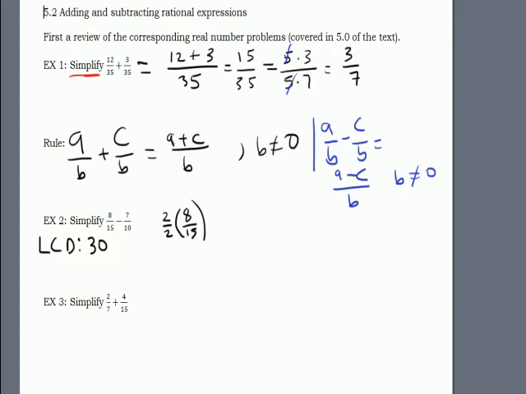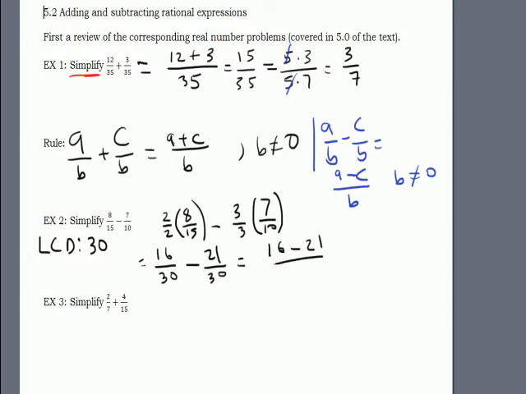Going from 10 to 30, I would have to multiply 10 by 3, so I want to multiply that second expression by 3/3, which again is equivalent to 1, but will get me to what I want to have here. So the original problem is equivalent to 16/30 minus 21/30, which is equivalent to 16 minus 21 over 30, or negative 5/30.